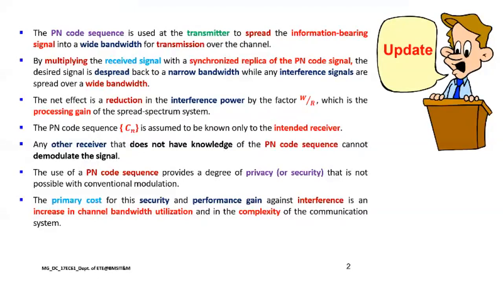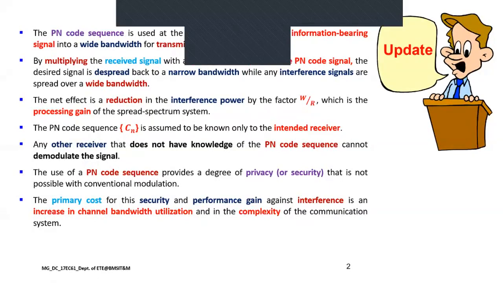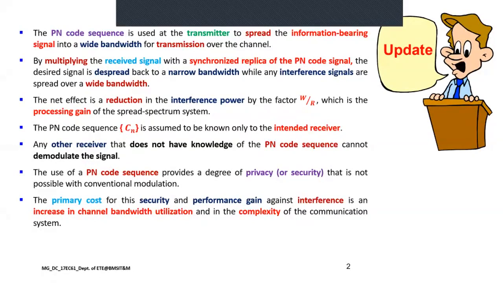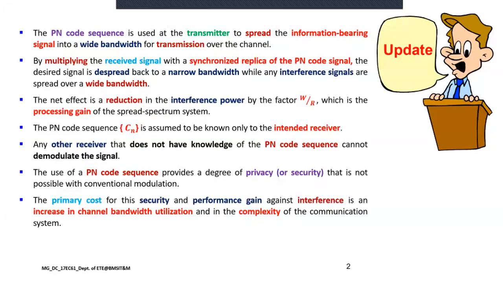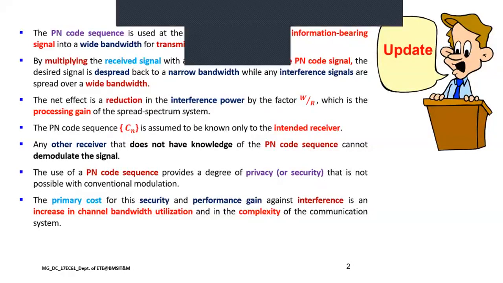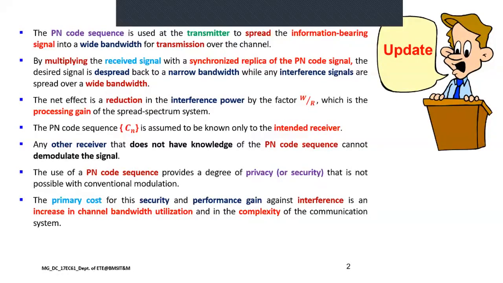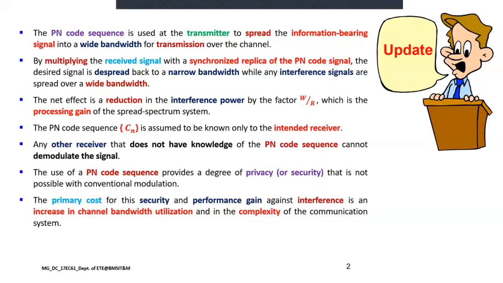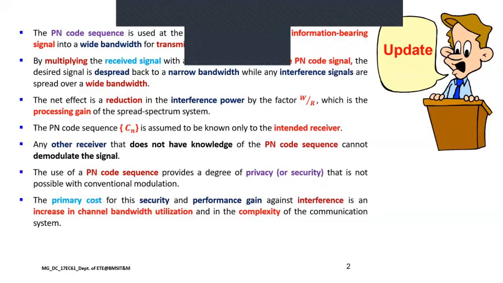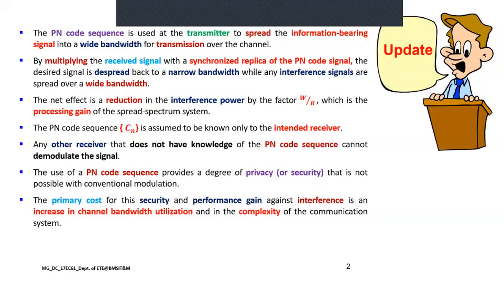At the receiver, we multiply the received signal with the same pseudo noise code sequence to despread the desired signal. At the transmitter side, we convert the information bearing signal, which is a low frequency or narrowband signal, into a wideband signal. At the receiver, we do the reverse process: by multiplying with the same pseudo noise sequence, we get back the despread signal, converting it into a narrowband signal.